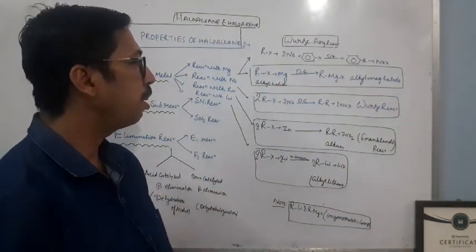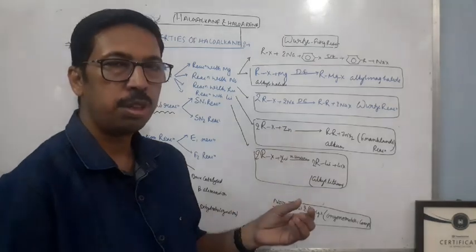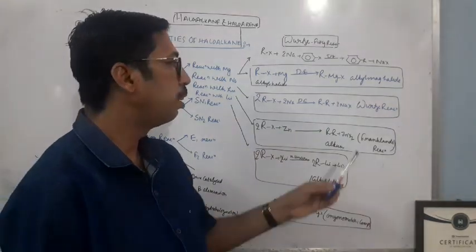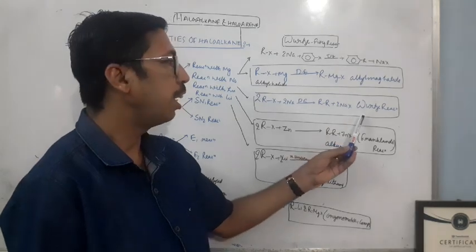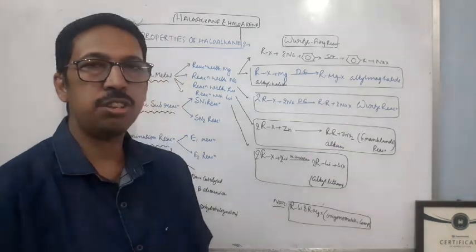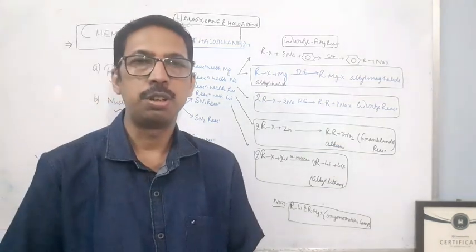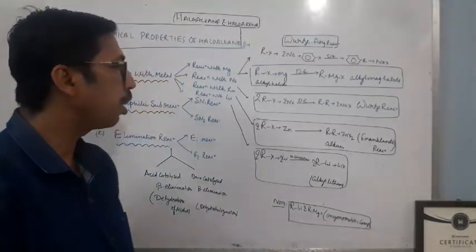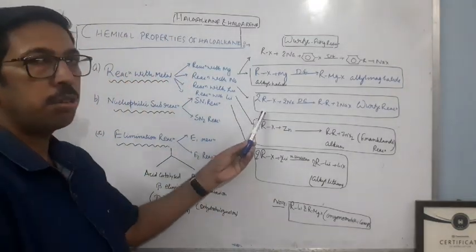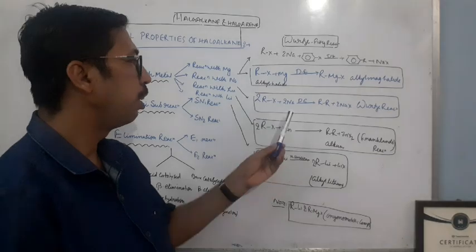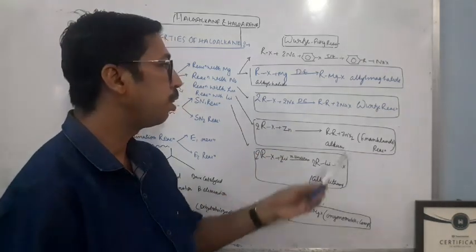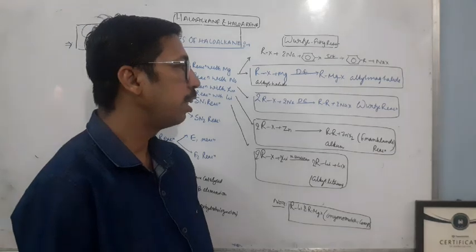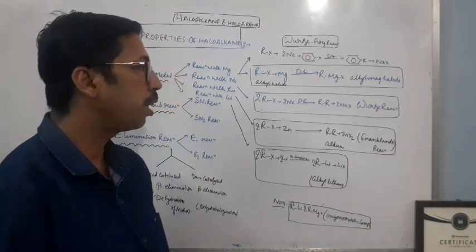When haloalkane reacts with sodium, then it produces alkane, and the reaction is known as Wurtz reaction. And the statement of this reaction: when two molecules of haloalkane react with sodium in presence of dry ether solvent, it produces alkane with sodium halide.